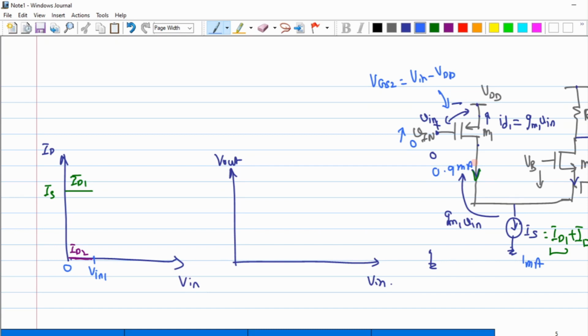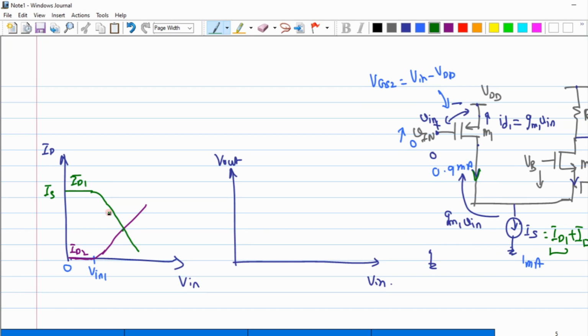So in a sense, the current through my M1 has dropped, which means that the current through my M2 has to rise. Clear? Now there is a particular value of Vin at which both these currents will become half the value of each other. At a particular point both my ID1 and ID2 will be equal, and that is this particular spot.